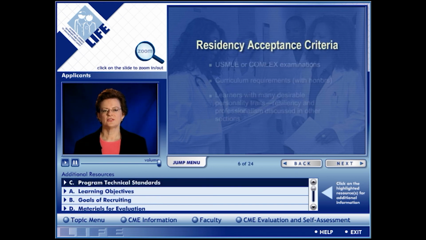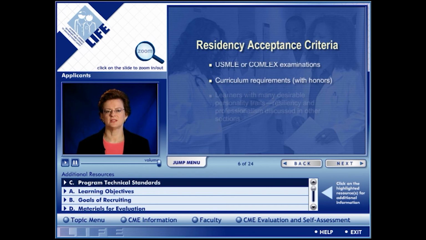The criteria for acceptance to any residency program includes items such as having passed the USMLE or COMLEX examinations and fulfillment of curriculum requirements, acknowledgement of honors in one or more clerkships, or membership in Alpha Omega Alpha, research productivity, and/or demonstration of leadership and community service may be desirable.